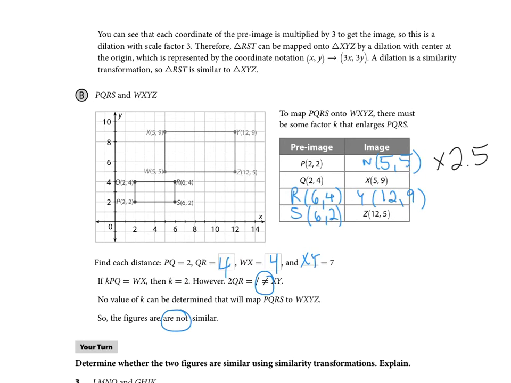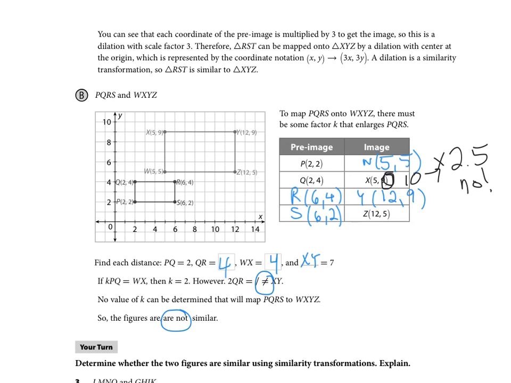But then if I were to multiply the 4 by a scale factor of 2.5, I would get a 10, but this 9 here would actually be supposed to be 10 if it were going to follow that scale factor of 2.5, and so since it's 9 instead of 10, then I can say right there that it is not a dilation. It's not going to be similar in that way.